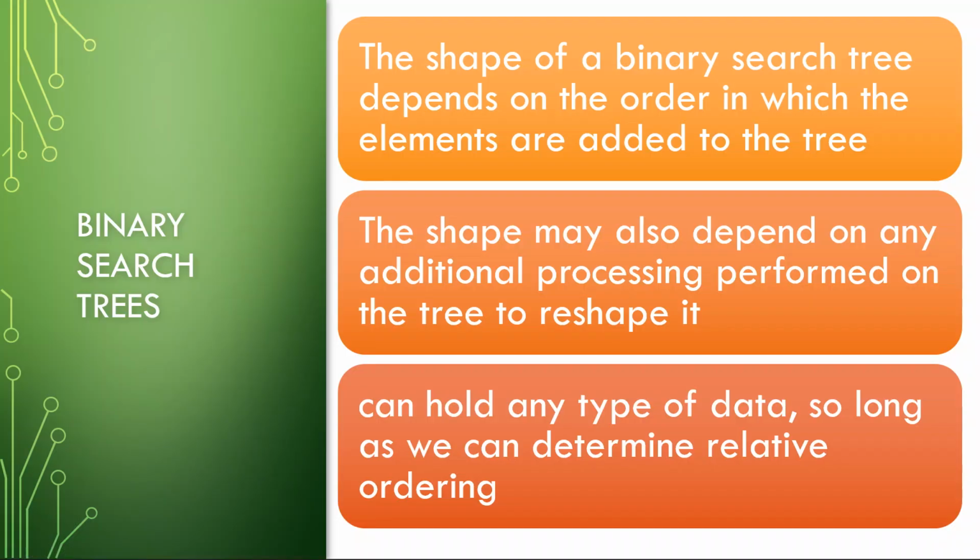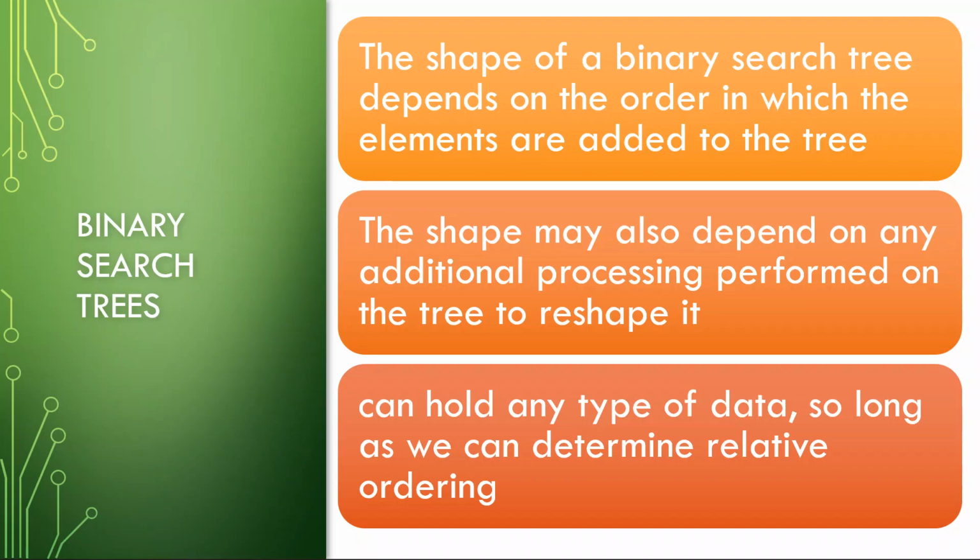So key things to know about binary search tree is that the shape of a binary search tree depends upon the order in which the elements are added to the actual tree. Because it starts out blank, and whatever is the first piece of data that's added becomes the root, and then everything after that starts deviating to the left or right, working its way down on each side, zigzagging back and forth or moving in a line, whatever, to find an open leaf spot where it fits the binary search tree definition.